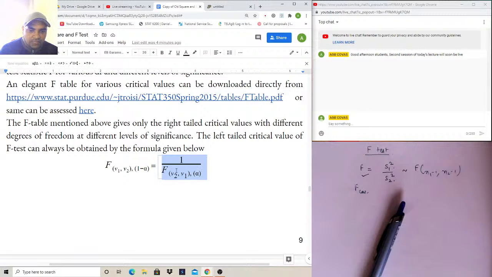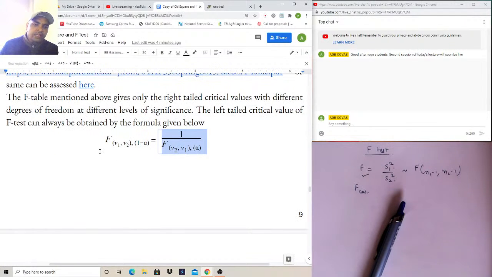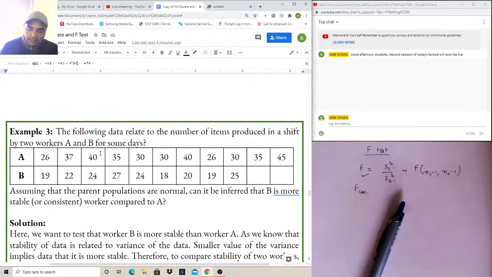So if we have the right-tailed value available with us, taking its inverse will give you the left-tailed value, right? So this is how we can calculate. When we do some examples, it will be clearer.